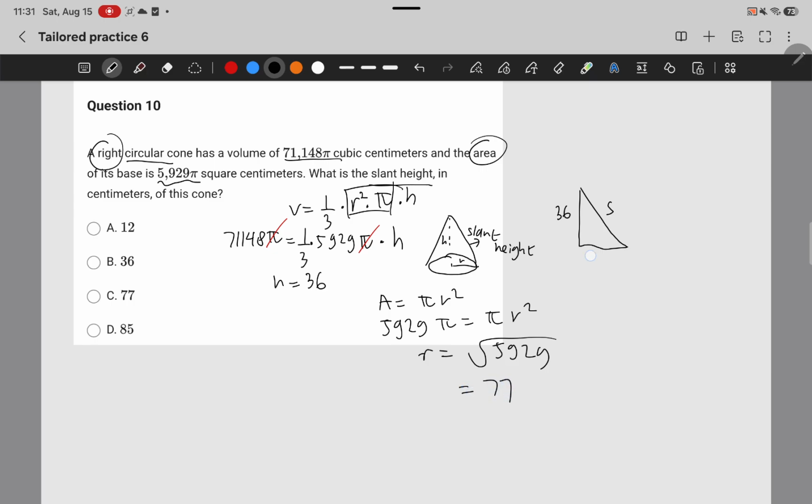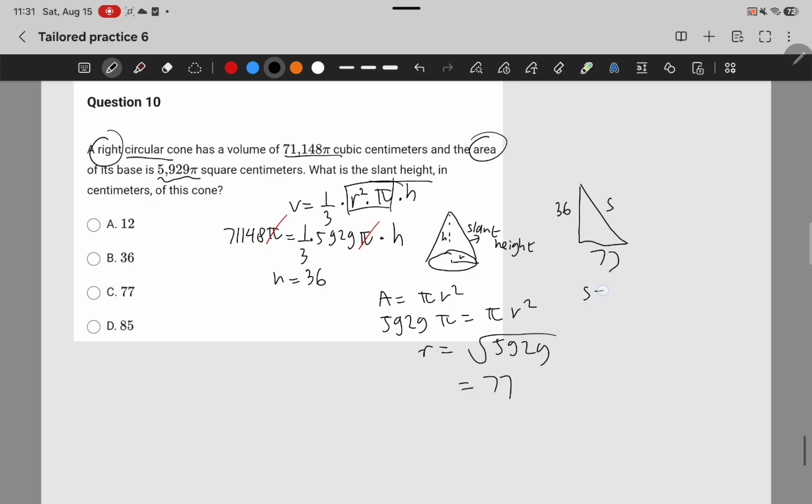It's 77. So we will just calculate this using the Pythagorean formula: 36 squared plus 77 squared, which is equal to 45. I'm sorry, 85.